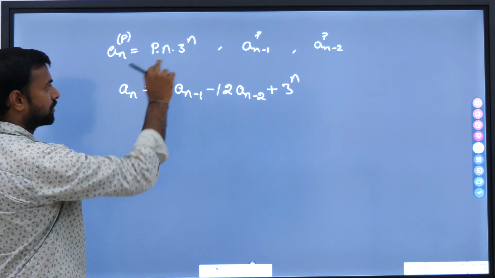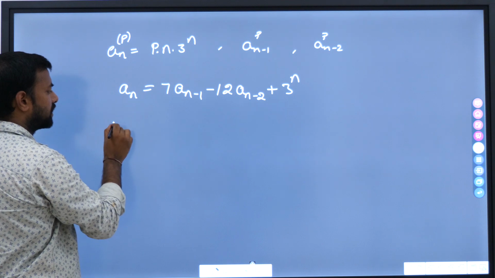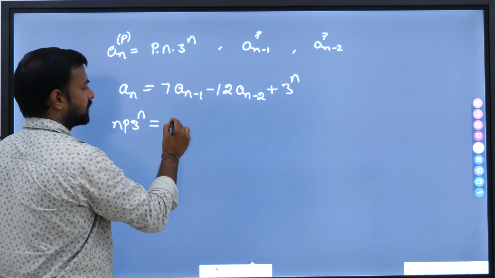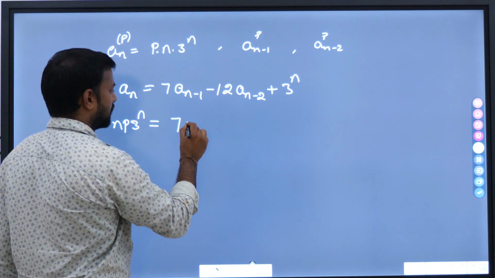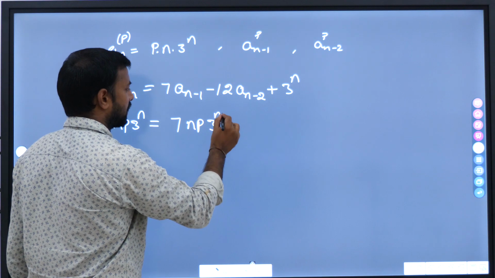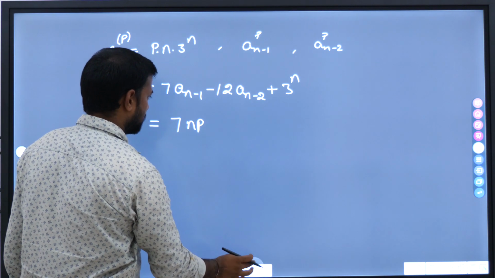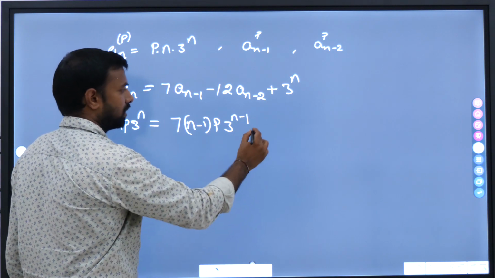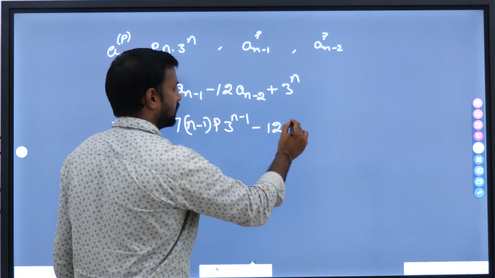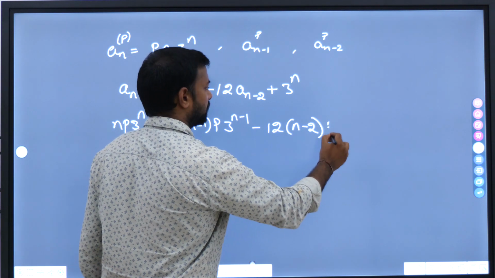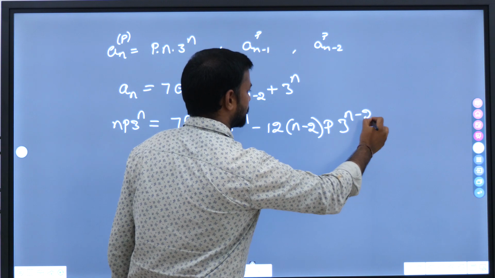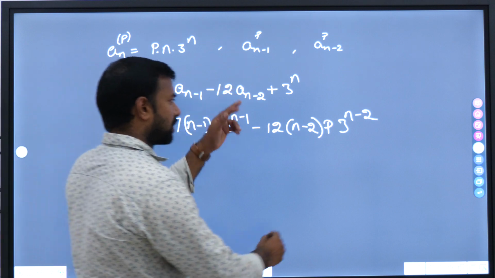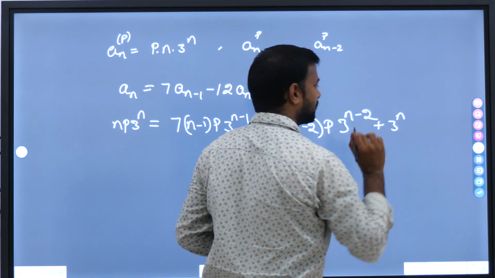So here let us substitute this. So first one is n p into 3 power n equal to 7 into (n minus 1) into p into 3 power (n minus 1), minus 12 (n minus 2) p 3 power (n minus 2). Okay. Now there is one more term, plus 3 power n.